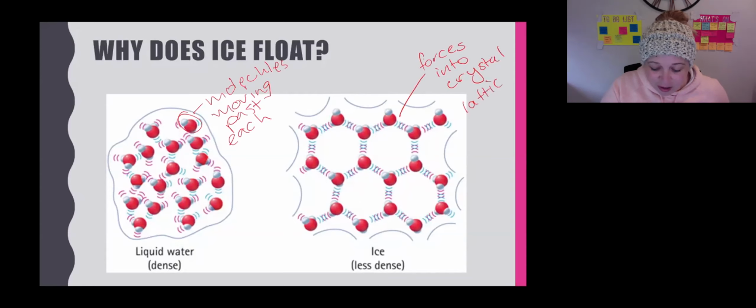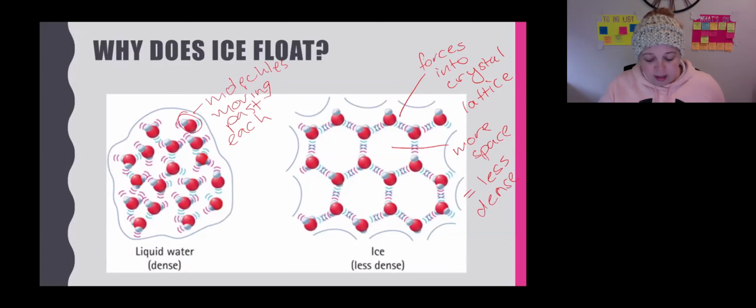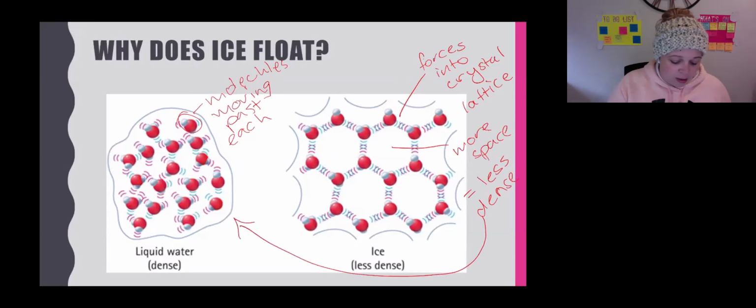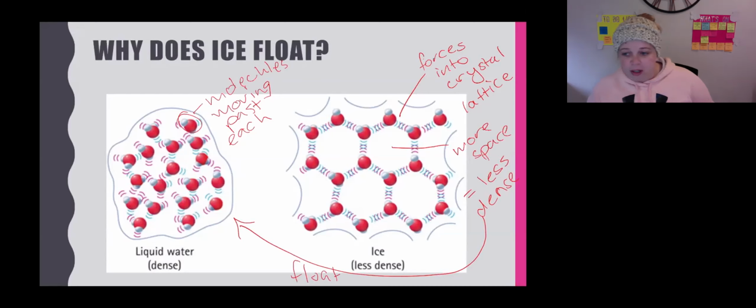That means there's more space in between each molecule. That means they are less dense, fewer molecules per mass, and therefore they will float on top of liquid water. So just finishing off the page on hydrogen bonding.